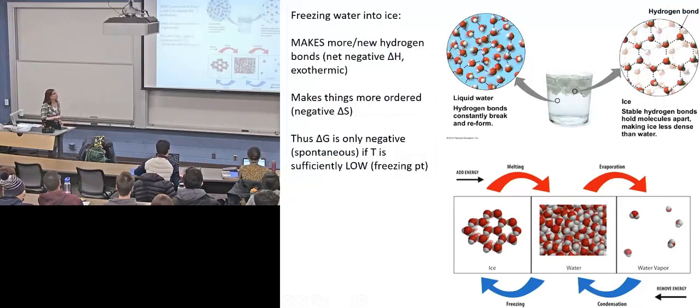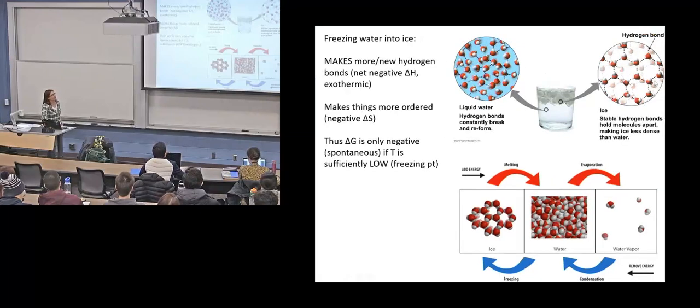And so here, freezing water into ice, I'm making more or new hydrogen bonds such that delta H is exothermic. That's over here. I have all of these stable hydrogen bonds, this regular organization of them. Whereas in the liquid state, the hydrogen bonds are constantly being broken and reformed. They're not consistently stable. There are fewer of them overall.